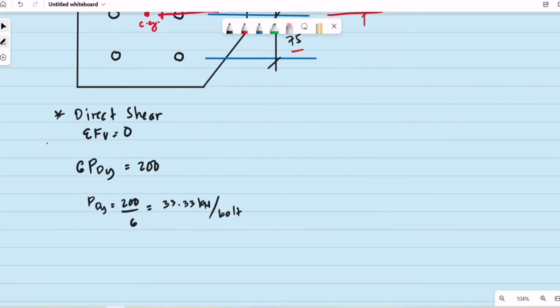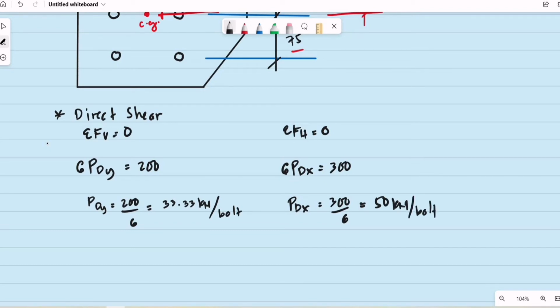Again, we have 6 bolts. So this time we can do summation of forces horizontal equal to 0. The direct shear for 1 bolt P sub dx is equal to 300 kilonewtons divided by 6. This is obviously equal to 50 kilonewtons per bolt.